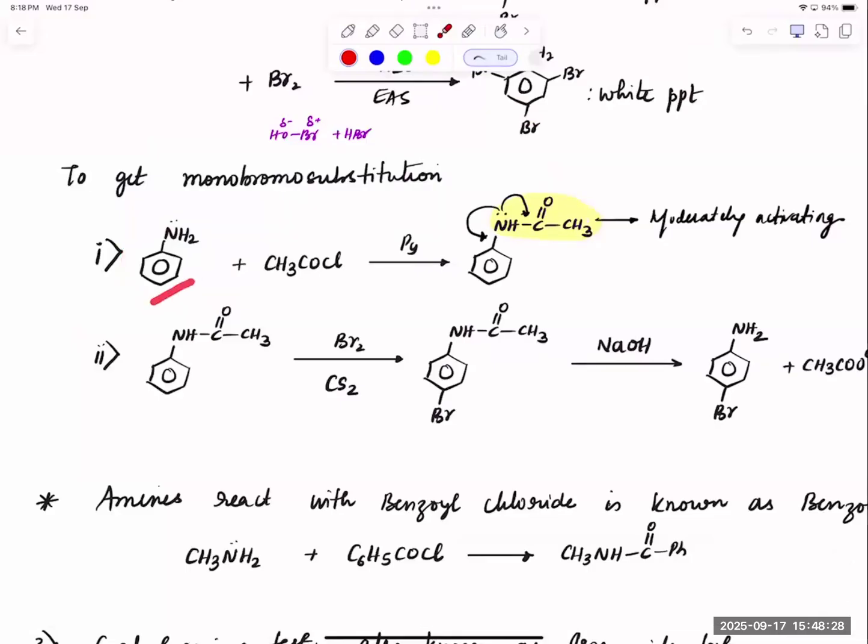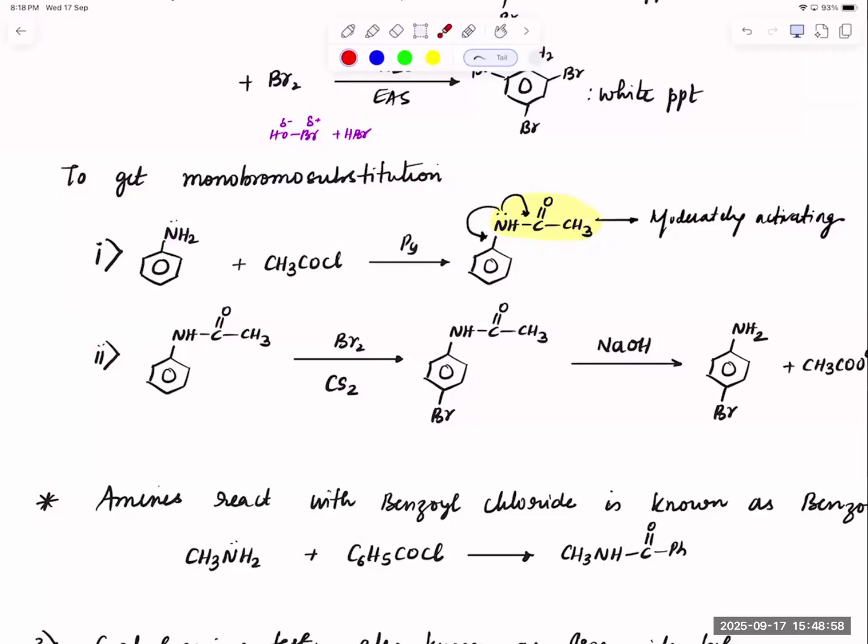You take aniline and react it with acid chloride, and you get an acyl formation here. Now, this NH-C double bond O-CH3 is a moderately activating group, because the lone pair is involved in resonance on both sides, towards the benzene ring and also towards the C double bond O. That's why the ortho and para positions are not as heavily activated as earlier.